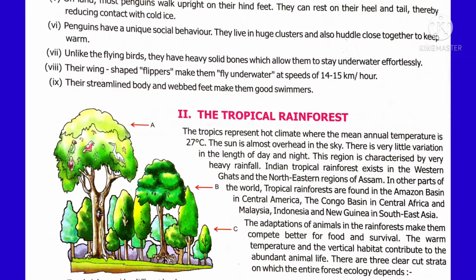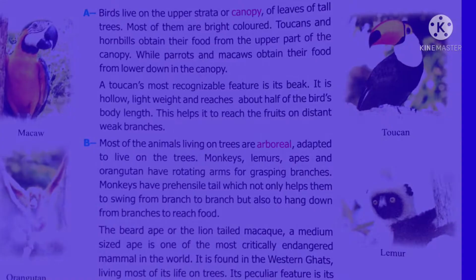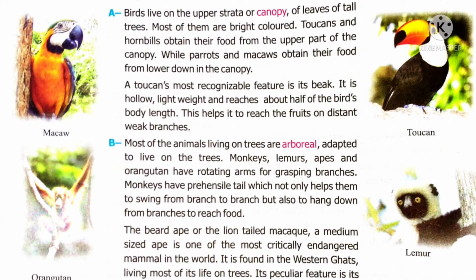Birds like toucans and hornbills live in the canopy. What is the meaning of canopy? The upper layer of the trees, which looks like a roof-like structure, a thick covering on the treetop. While parrots and macaws obtain their food from lower down in the canopy.